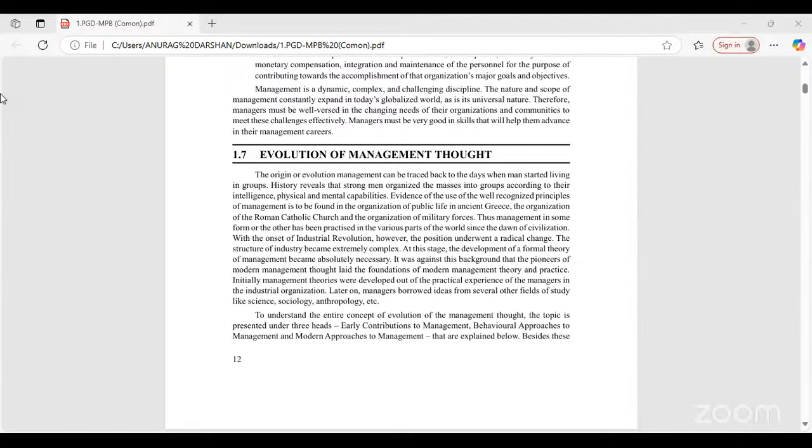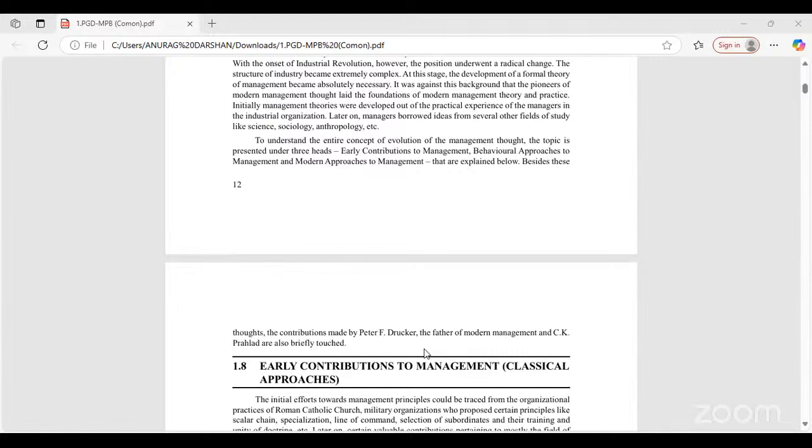Now coming to the evolution of management part. The origin or evolution of management can be traced back to the days when men started living in groups. So it can be the history when we are talking about the strong men organizing the masses into groups, and according to their intelligence, their physical and mental capabilities, they were able to form groups and start with the functions, the management functions.